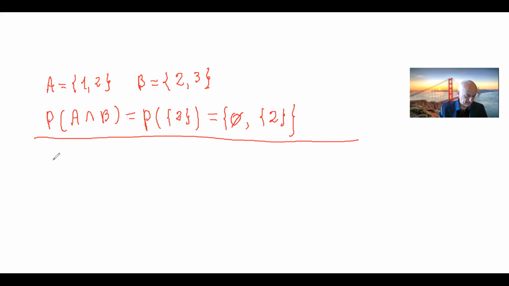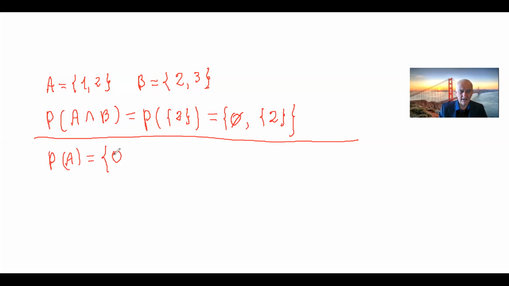Now, the next question here is to find P(A). I think it's clear for you. And what is P(A)? P(A) is the set of all subsets of this set.